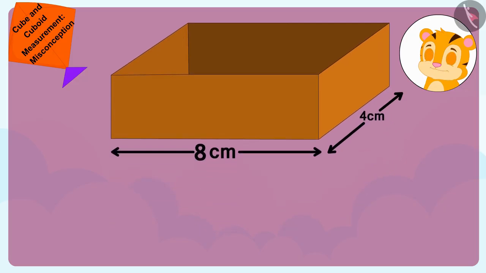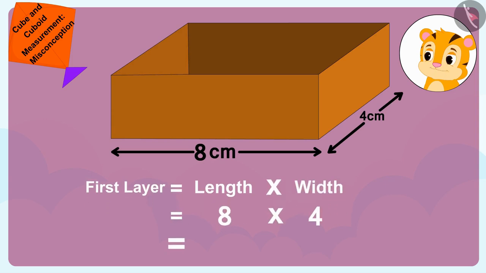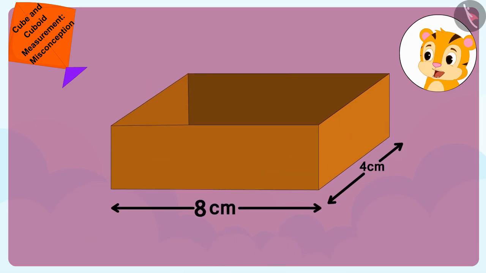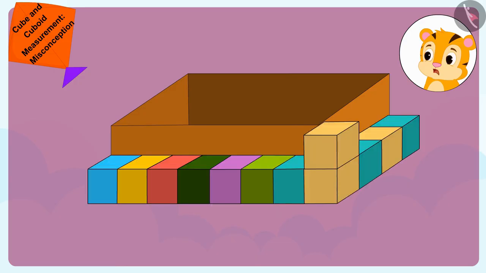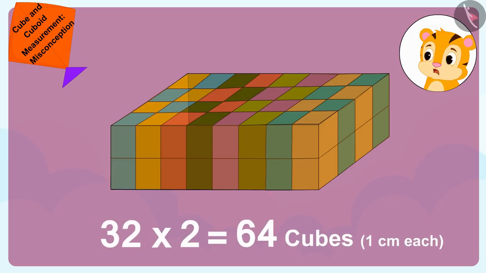This means that the first layer of this cuboid shaped box will have length times width, 8 times 4, 32 cubes of dimension 1 centimeter each, and its height is 2 centimeters. That means there would be 2 such layers. We will be able to place a total of 32 times 2, 64 cubes of dimension 1 centimeter each in the cuboid shaped box.